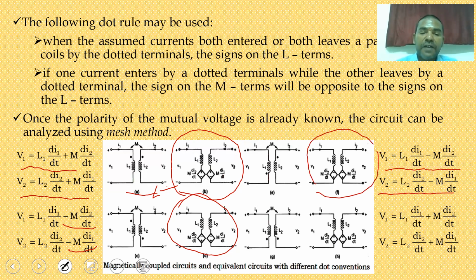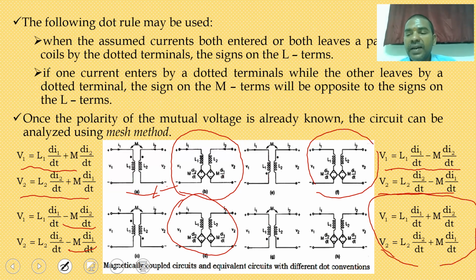And similarly for figure G, here I1 current is having an ending dot, I2 current is also having an ending dot. So it is the first case, the same as the first figure. So V1 is equal to L1 di1 by dt plus M di2 by dt. Similarly V2 is L2 di2 by dt plus M di1 by dt.